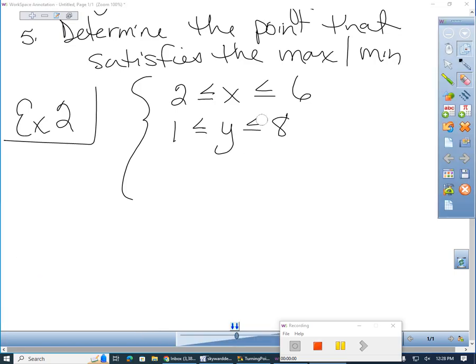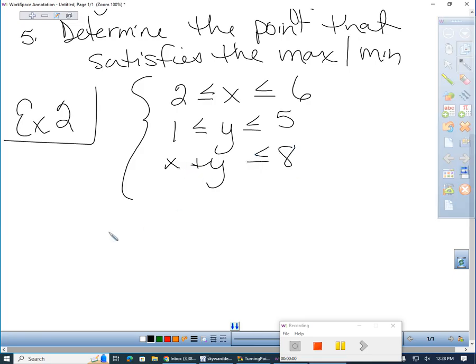My bad, make that 5. And then x plus y is less than or equal to 8. The profit equation, P equals 3x plus 2y, and this time we're looking for a maximum.